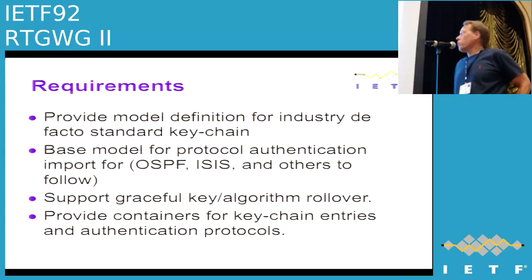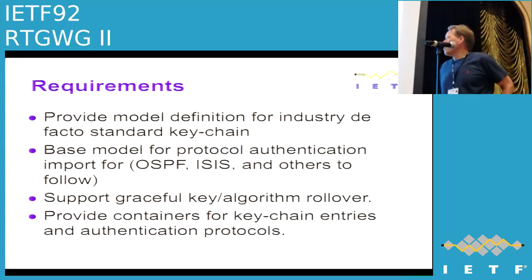And we also wanted to define the containers such that people who wanted to reuse them in different ways could, because, for instance, a lot of vendors' routing implementations allow immediate specification of a key right in the protocol, without a separate keychain.